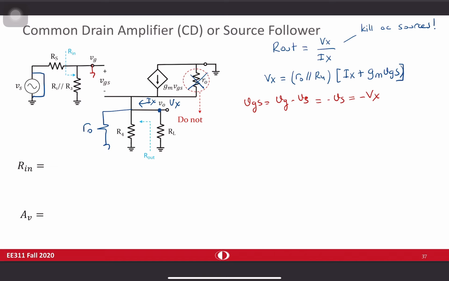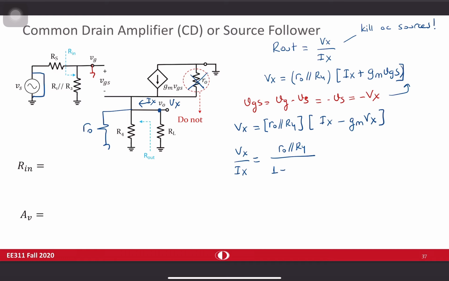And therefore, if I put this thing back in here, Vx will be equal to R0 in parallel with R4 times Ix minus Gm Vx, and then Vx divided by Ix can be defined as R0 in parallel with R4 divided by 1 plus Gm R0 in parallel with R4.